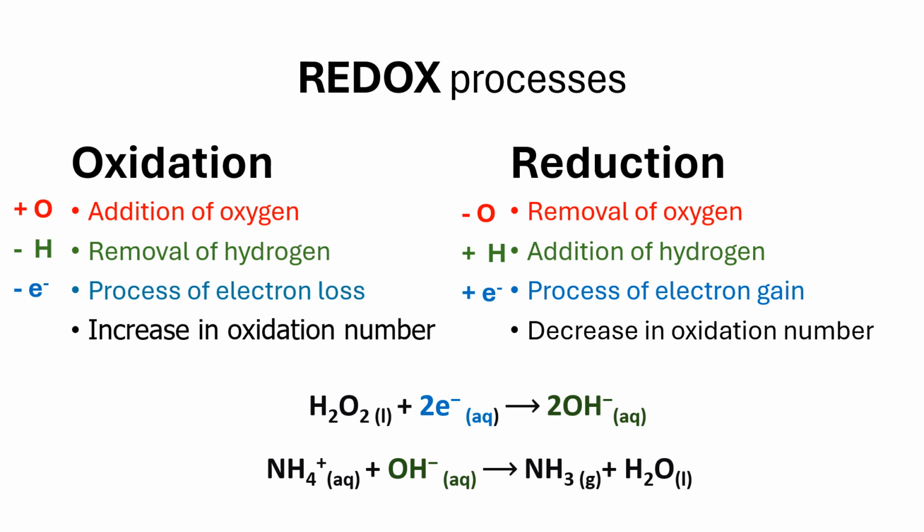So what we're seeing here is hydrogen peroxide gaining electrons, which is a process of reduction. We can think of the hydrogen peroxide being reduced, but it will be oxidizing another molecule.